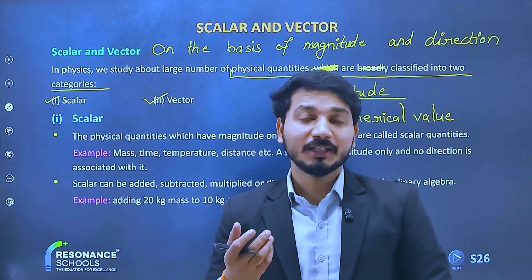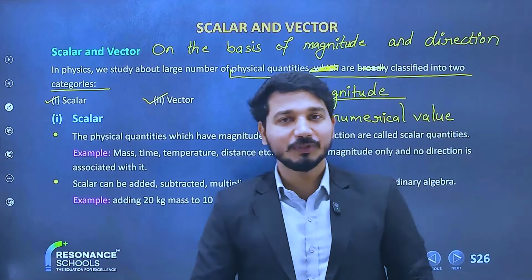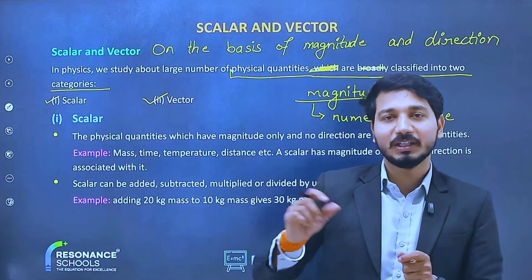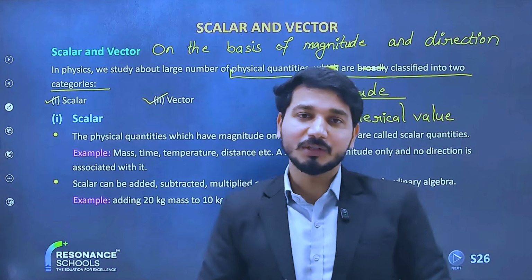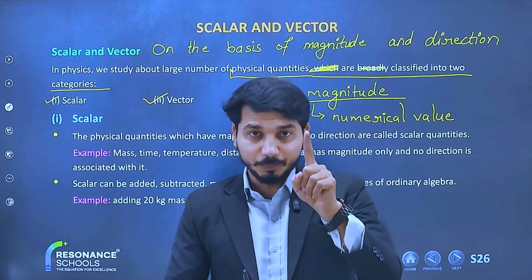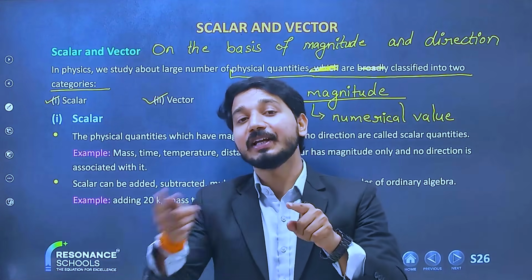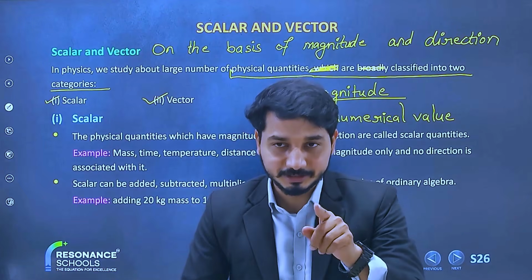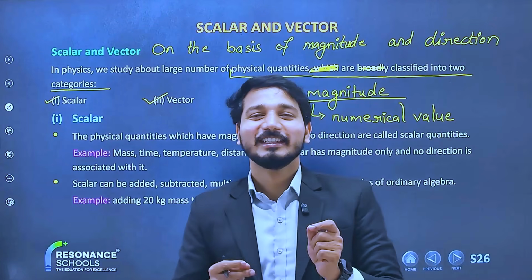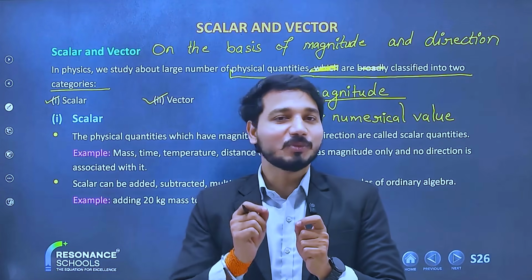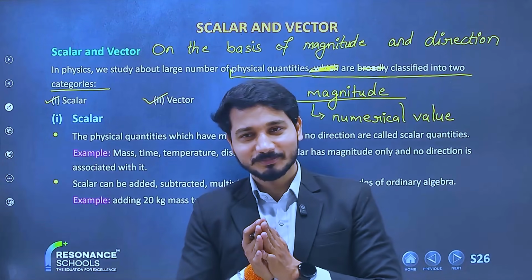Another example can be distance. When we are measuring distance, we never mention a particular direction, right? Now listen, very important. In this example, you will understand the difference between scalar and vector as well. Imagine if someone asks you, how far away is your school from your home?